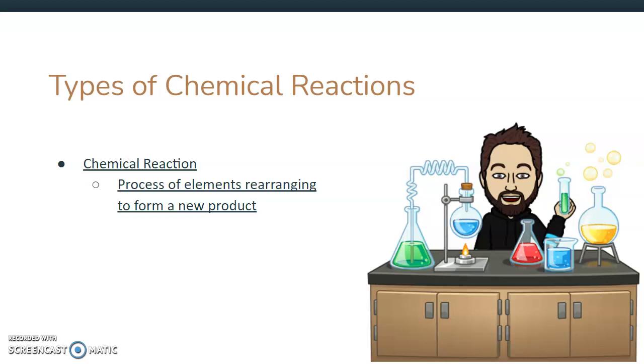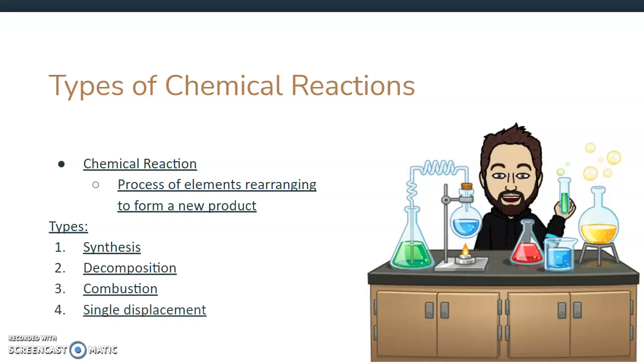When we talked about photosynthesis, we would take CO2 and water and make glucose or sugar and oxygen. So we're rearranging our water and our carbon dioxide to make a new product. We have 5 main types: a synthesis reaction, a decomposition reaction, a combustion reaction, and then single displacement and double displacement. We'll learn about each one of those.